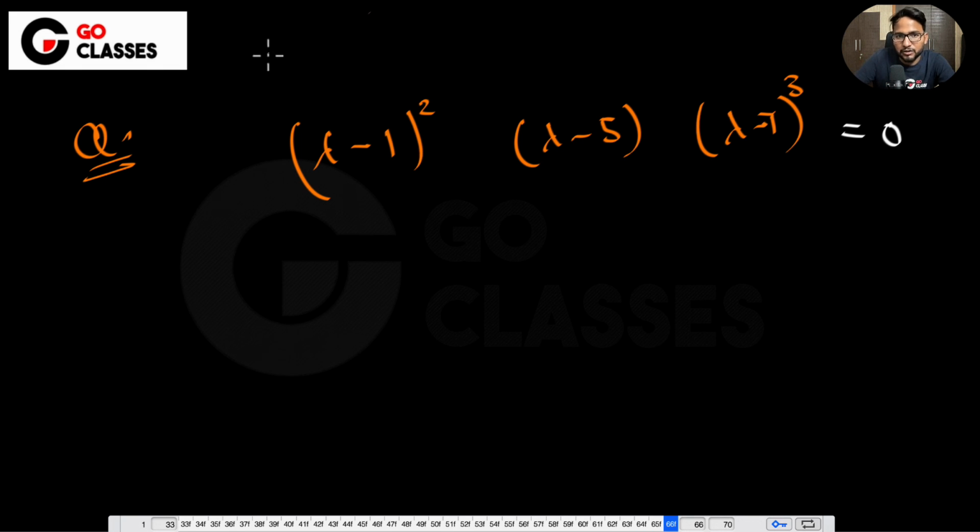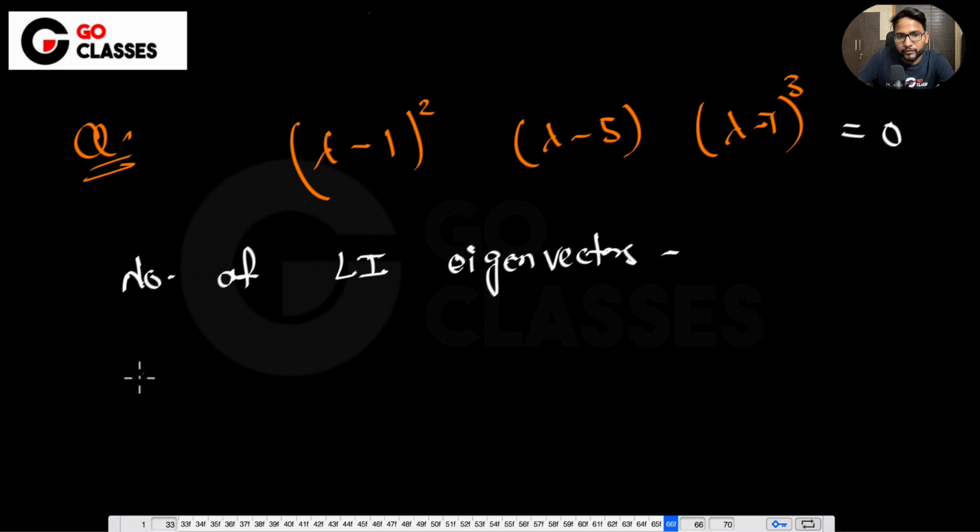Now let me ask you the question. The total number of linearly independent eigenvectors that you have in this case will be: option A says at least 6 linearly independent eigenvectors.